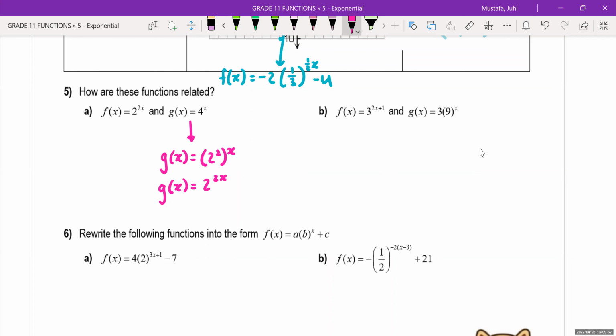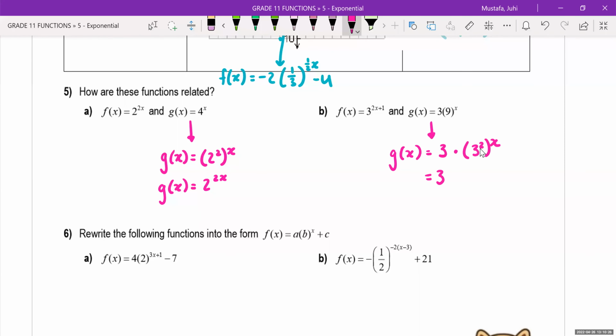Let's do the same thing with question B. We have f of x is equal to 3 to the power of 2x plus 1, and g of x is equal to 3 times 9 to the power of x. It doesn't seem like they're related at all. But if we do the same thing that we did in the previous question, g of x is equal to 3 times, and I can replace the 9 with 3 squared, all to the power of x.